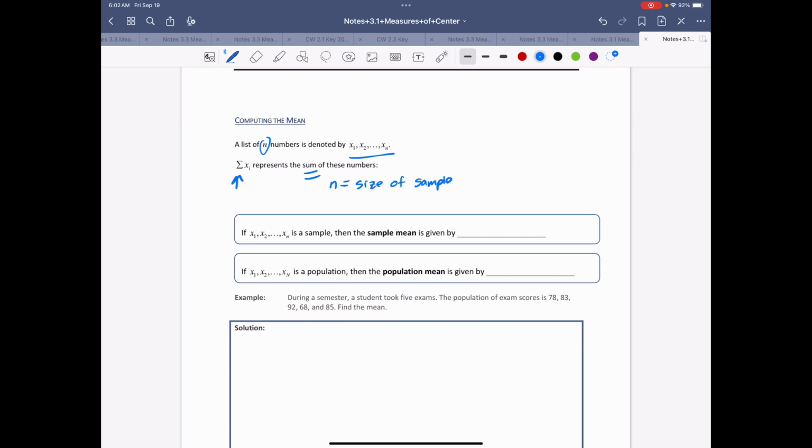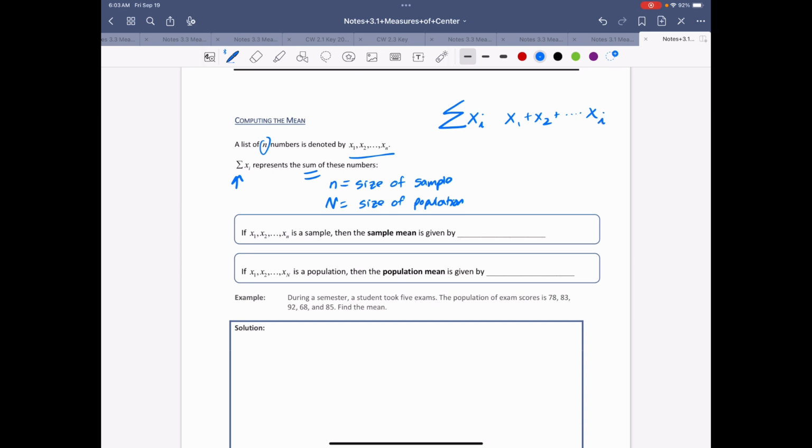And when you see a big N, it means the size of the population. So when you see something like the sum of x sub i, what it means is you're going to take all of your x's, x1, x2, all the way up to xi, and you're going to sum them. You're going to add them up.